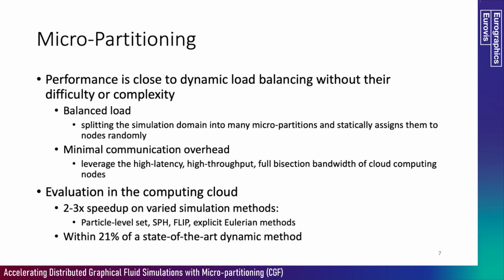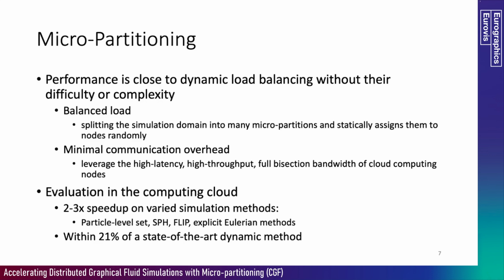Because of these problems, we propose a scheduling and load balancing algorithm based on micro-partitioning. It performs close to dynamic load balancing algorithms, but without their complexity. It balances load by splitting the simulation region into many small partitions and randomly assigning them to nodes.